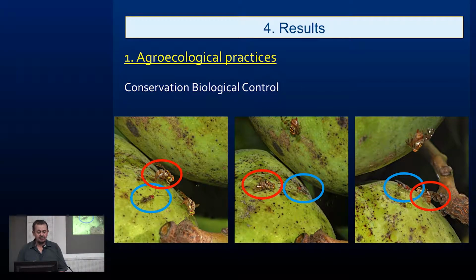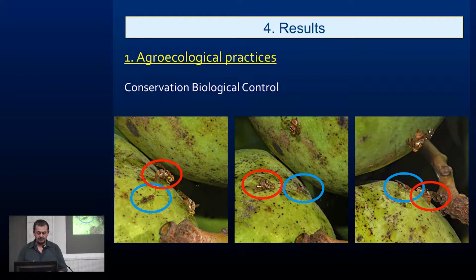Here is an example of interaction between a female fruit fly and a female parasitoid. On the slide on the left, you have in red a female fruit fly laying eggs under the skin of the mango fruit. And in blue, you have the female parasitoid, which is waiting.